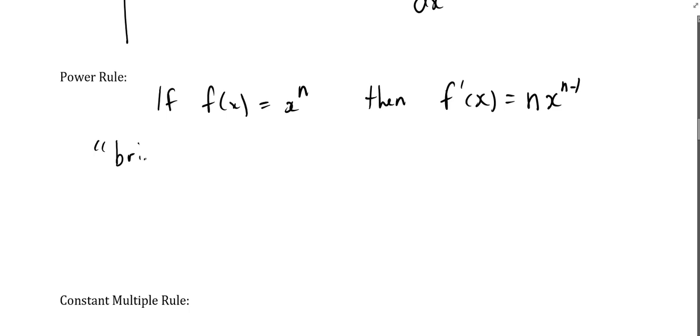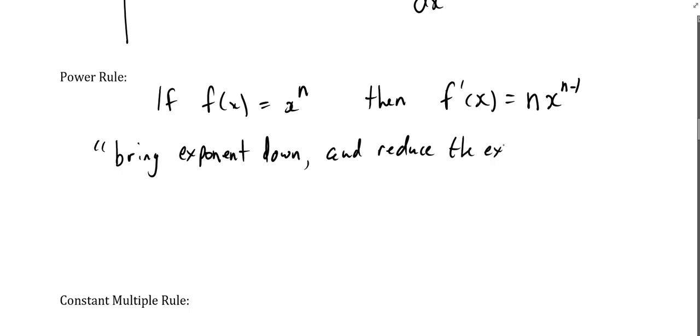So, in other words, we bring the exponent down out front and reduce the exponent by 1.